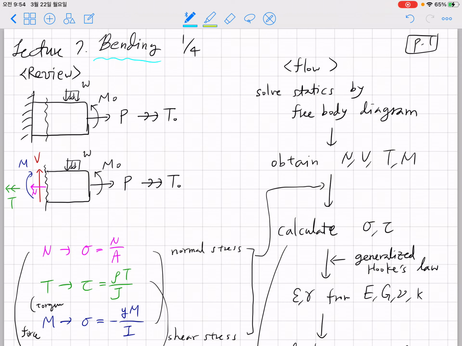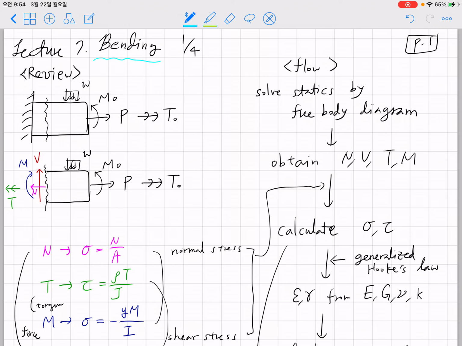What I mean by reliable design is that the maximum stress in the structure must be smaller than the material property, which is given as the allowable stress.